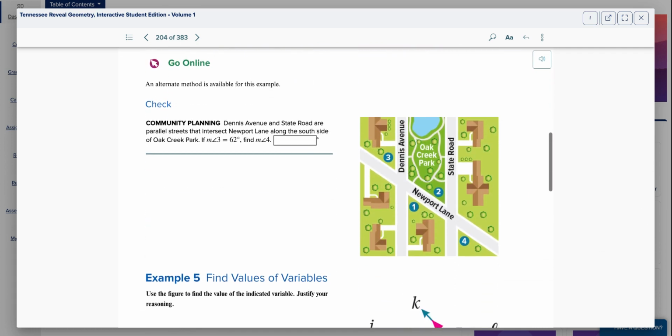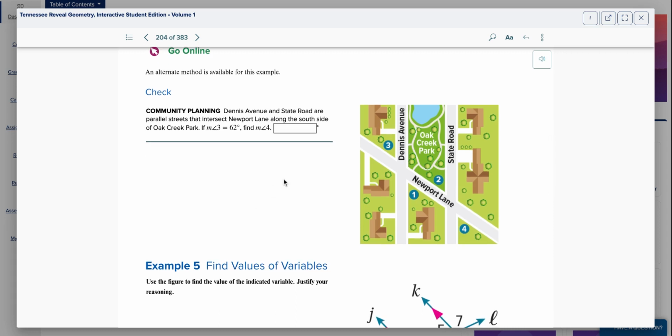Okay. What's up next? We got a check here. It says Dennis Avenue and State Road are parallel streets. There's State Road. There's Dennis Avenue. Looks like Newport is going to be our transversal. Let's see here. Angle 3 is 62. Well, 3, 1, 2, and 4 are all acute angles.